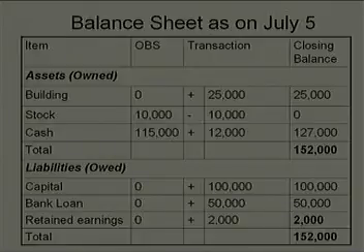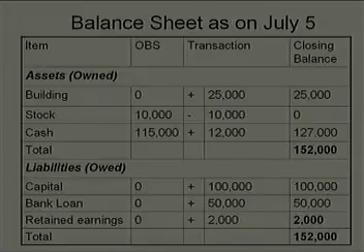You can see the stock has come down from 10,000 to 0 because all the stock has been disposed of. Now the cash has also increased from the earlier balance of 115,000, you have added 12,000 more. So your total cash available with you is 127,000.